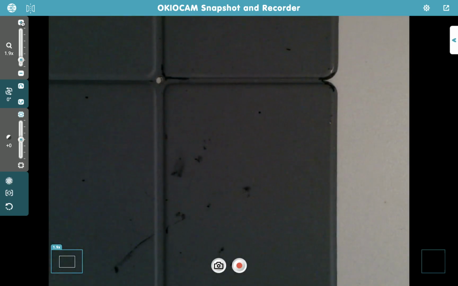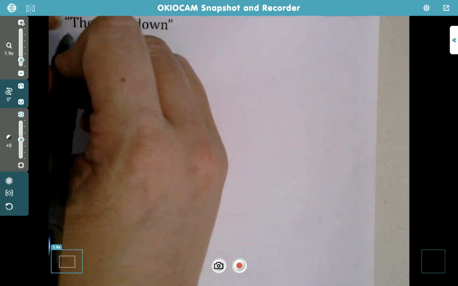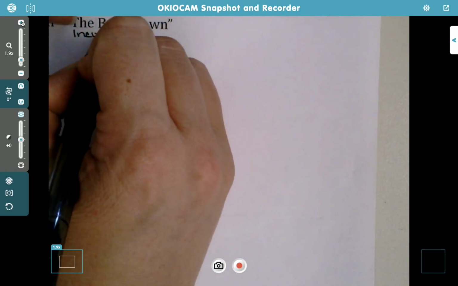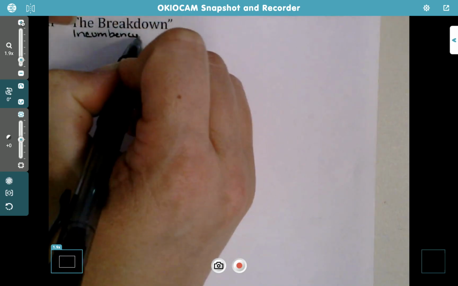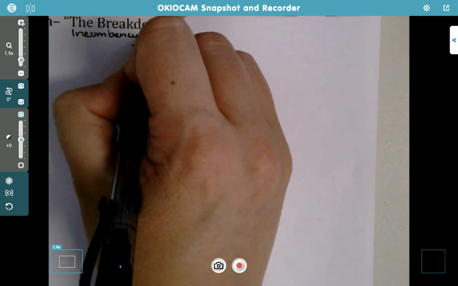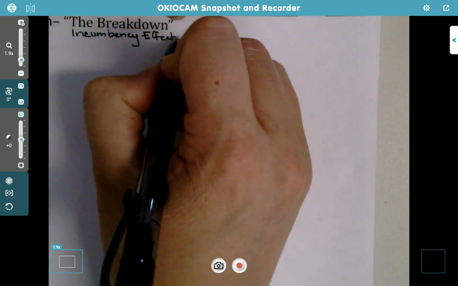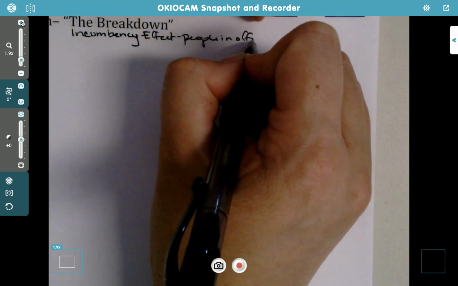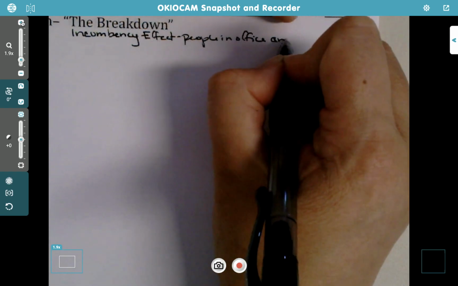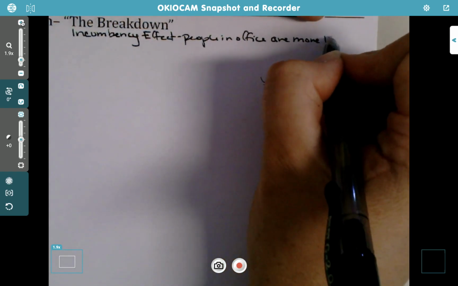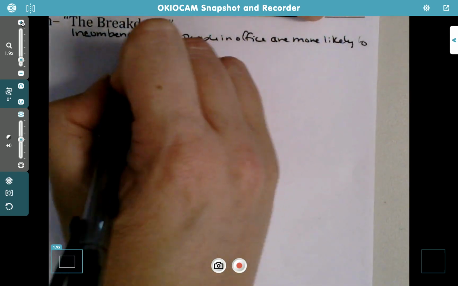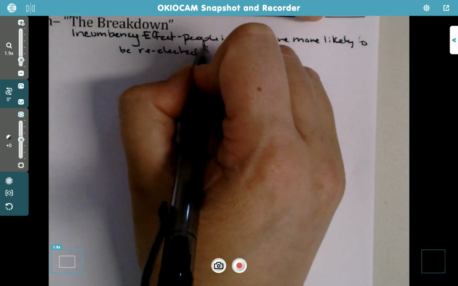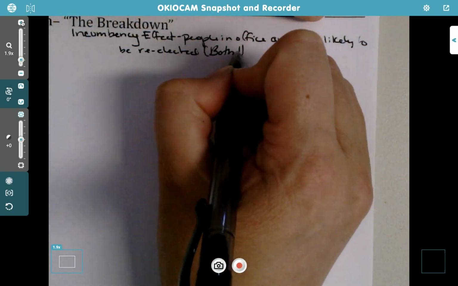Okay, other side. Incumbency effect. Write as high as you can. INCUMBENCY. Incumbency effect. It's people in office are more likely to be re-elected. Parentheses, both houses.